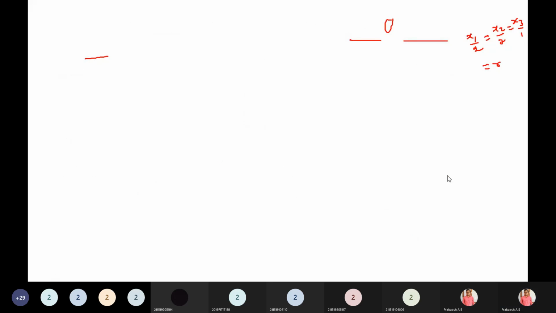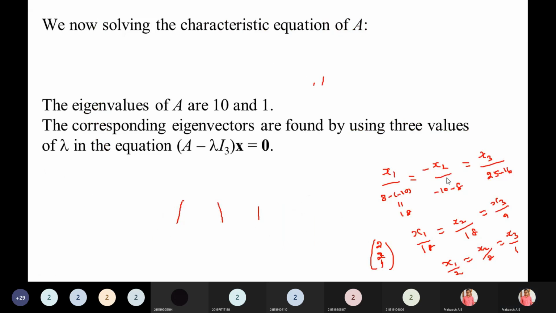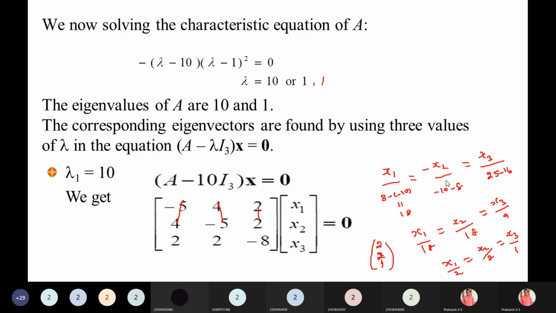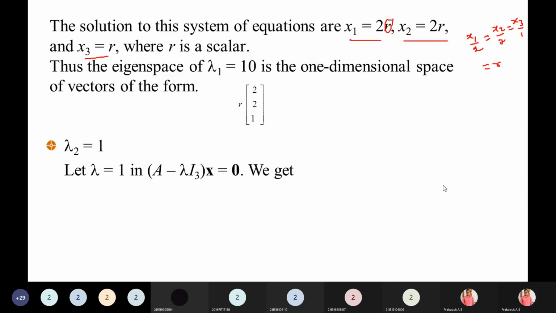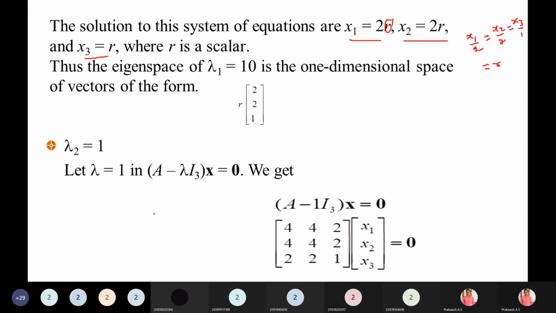So the matrix is 2 2 2, 4 4 4, again 4 4 4, and 2 2 1.